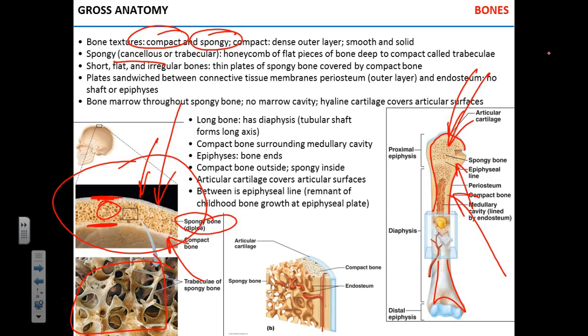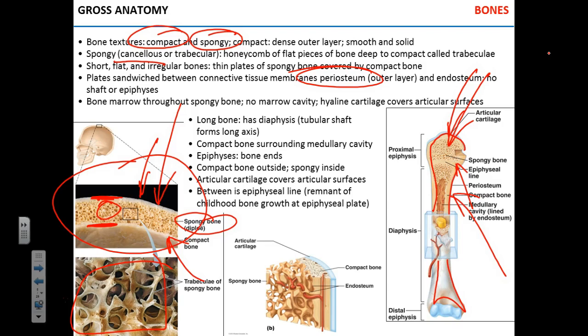Now, every layer of compact bone, like the whole skeleton, every surface of the compact bone is by default covered by the connective tissue membrane called periosteum. It's a tough, resilient, fibrous connective tissue. Okay?